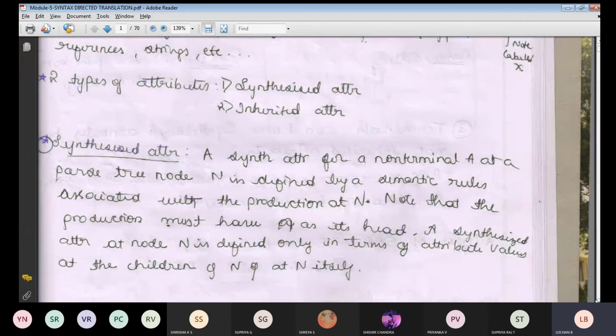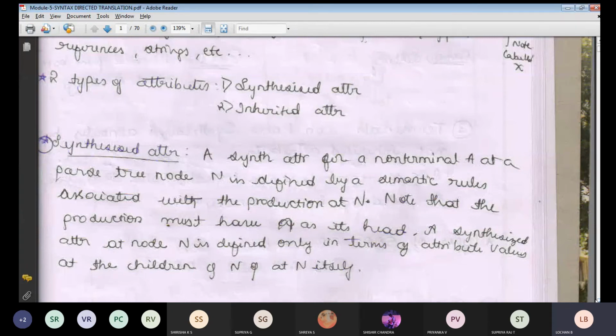Whenever we write any production or grammar, for example in the last module, many times we made use of E implies E plus T. The LHS part, E, is the head of your production. The RHS part is E plus T. Whatever LHS part you get, we call the head of your production. The head is a root node.